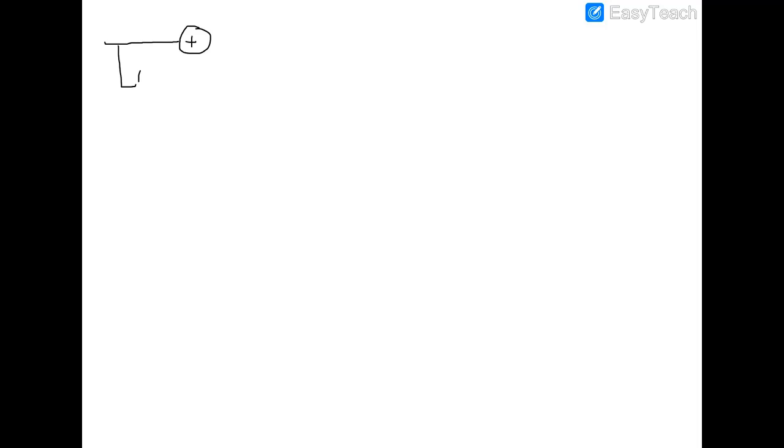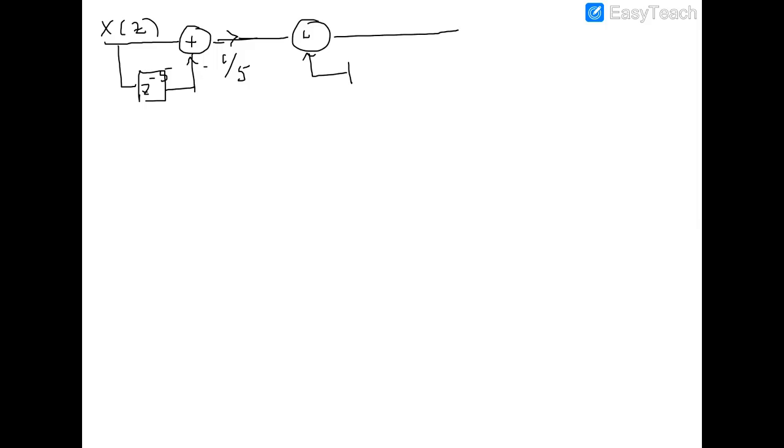So this is z to the power minus 5, and this goes like this, and it is 1 by 5. Plus it is z to the power minus 1.